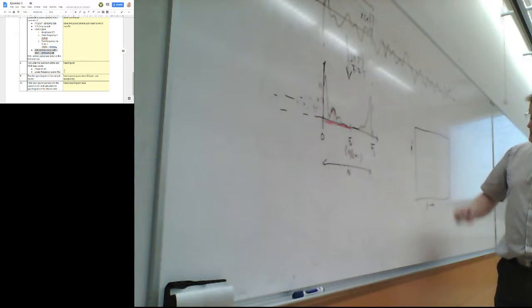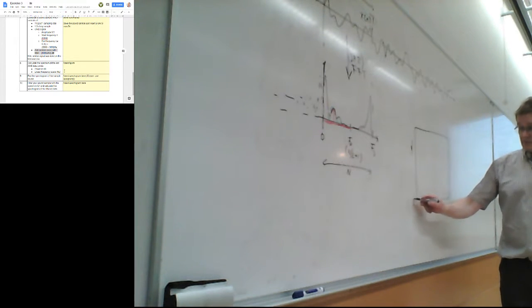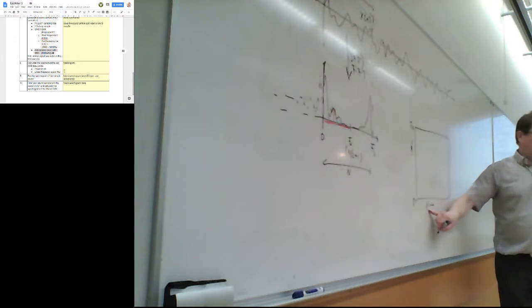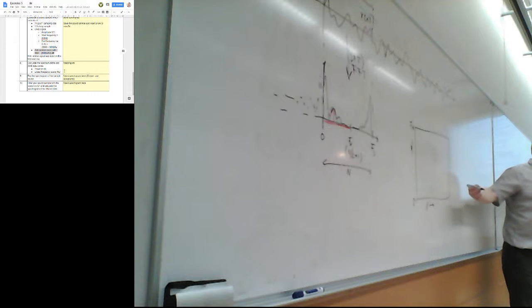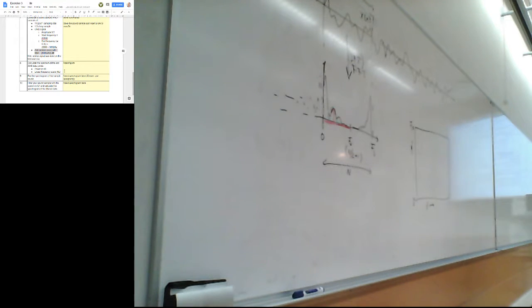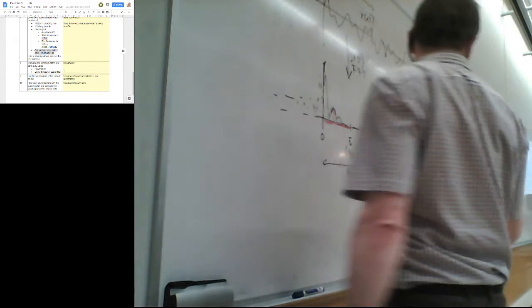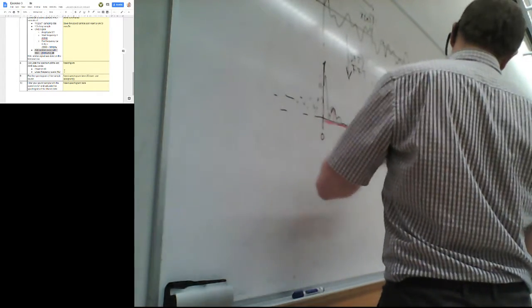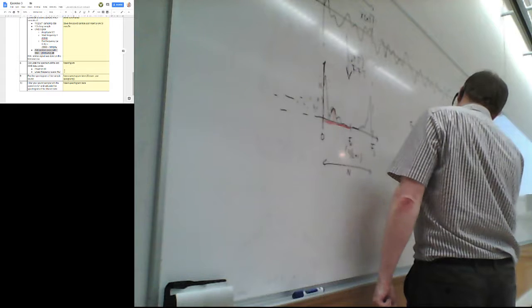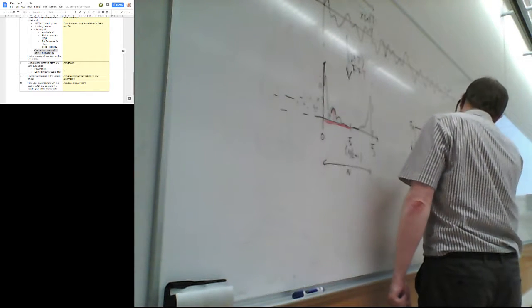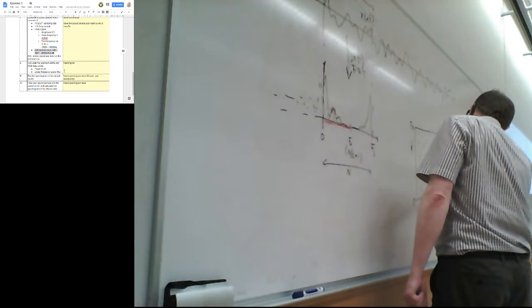So we have the frequency on the vertical axis and time on the horizontal axis, and we put the data this way. Each of these columns represents one single spectrum.